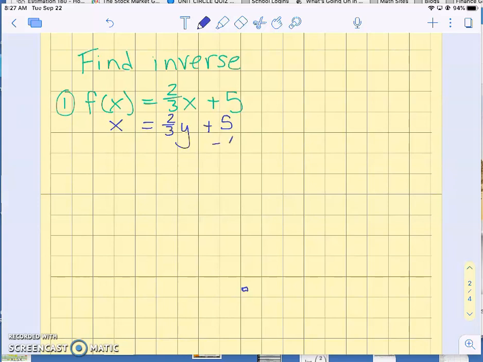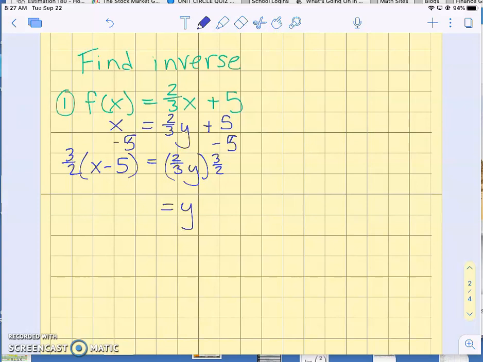So minus 5 on both sides. So we have x minus 5 equals 2/3 y. And then to get rid of the times 2/3, we can multiply by the reciprocal, times 3/2. So on this side, we just have our y.